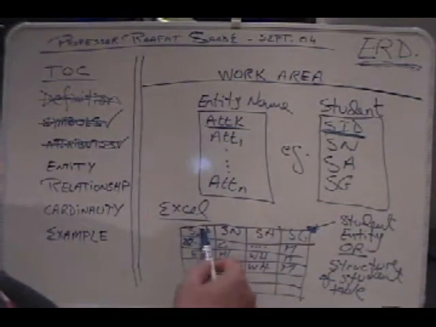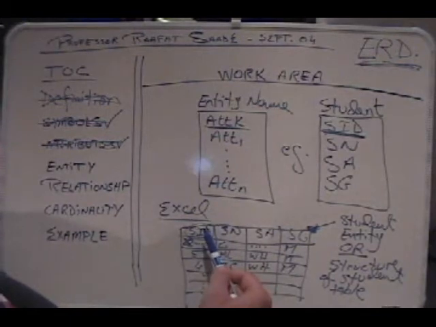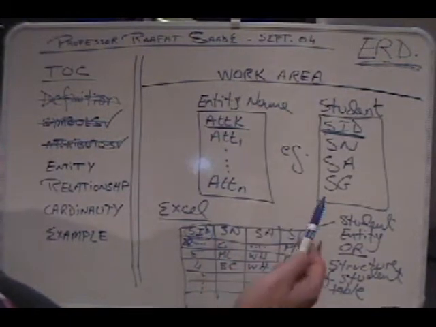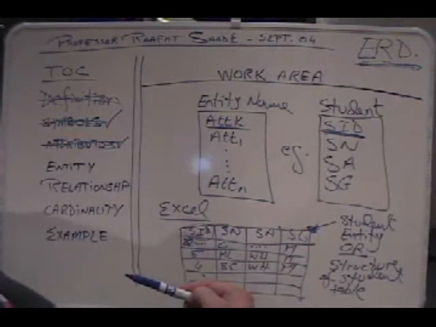In Access, these columns, which we call columns in Excel, are called fields. In ERD, they're called attributes.